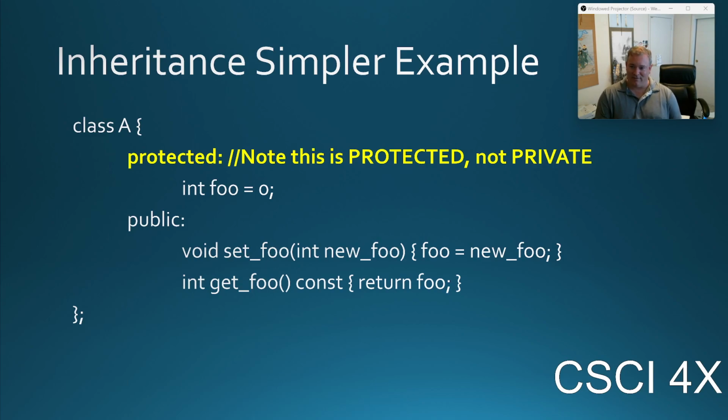Again, my old CSI 41 professor is probably screeching right now. I don't know. But honestly, there's some philosophical difference between private and protected. Should your kids be able to read and write it directly? Maybe not. Maybe they should. Maybe even your kids should use the getters and setters.